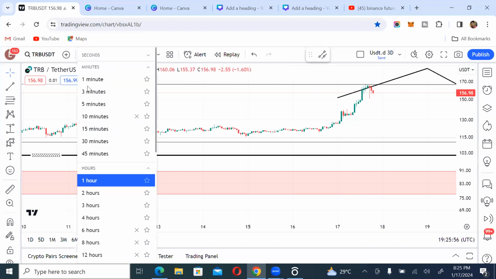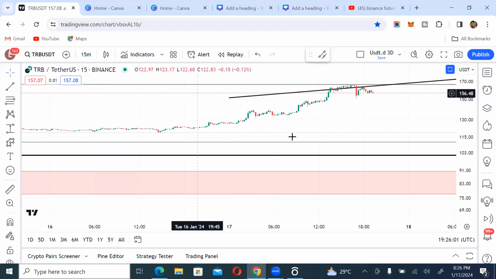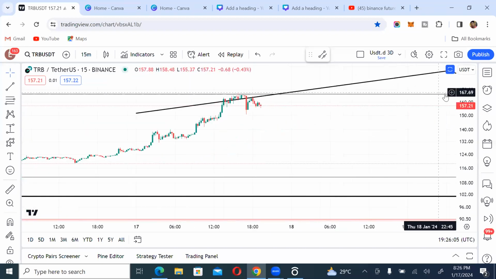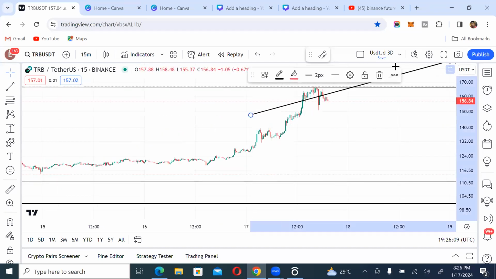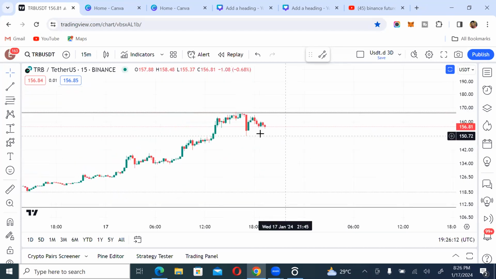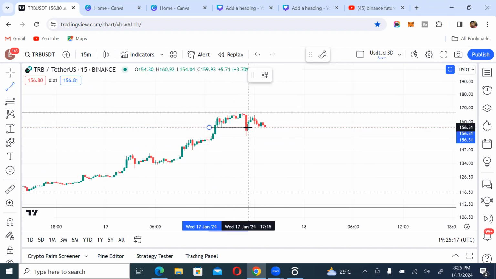Let's go to 15 minutes. You see everything is going to align equally. Look at 15 minutes. We already have a change of character happening. Look at the change of character here from the micro level.